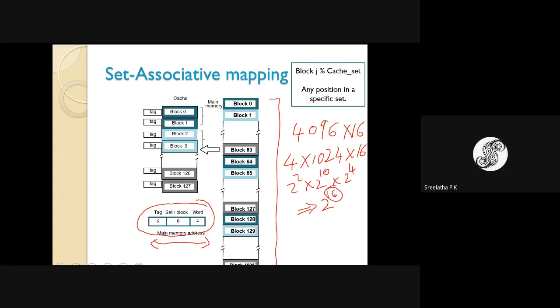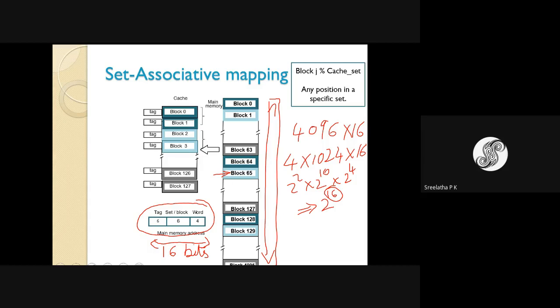So 16 bits, not 16 bytes, 16 bits are required for representing any word location of a particular block.